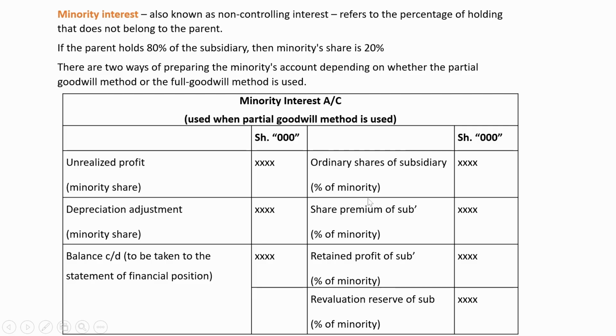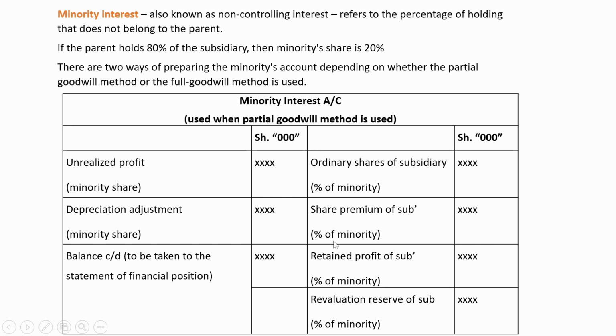So we bring all items classified under equity and reserves, such as ordinary share capital of the subsidiary, share premium of subsidiary, retained profit of subsidiary. This one is both pre and post acquisition. Revaluation reserve of subsidiary as at the date of acquisition.